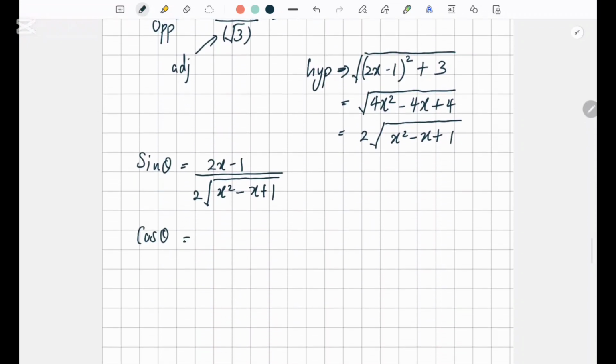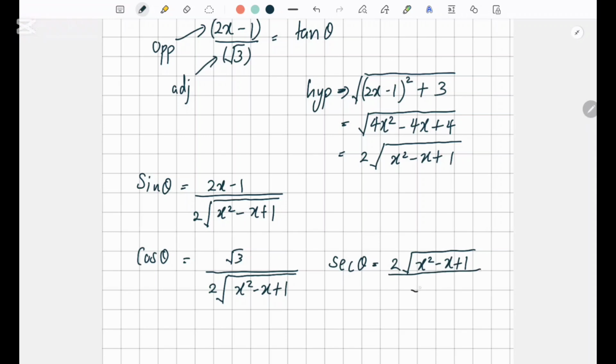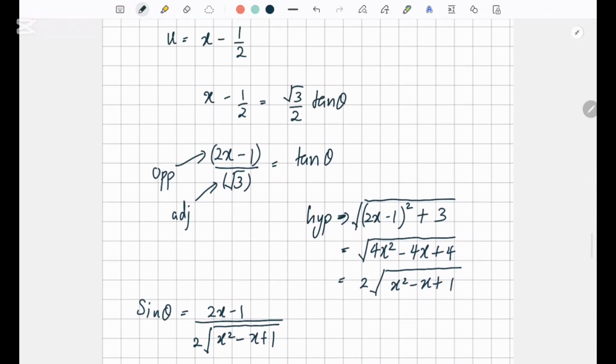So if cos theta equals root 3 over 2 root x squared minus x plus 1, then sec theta is the reciprocal of it, right? So it's going to be 2 root x squared minus x plus 1 over root 3.